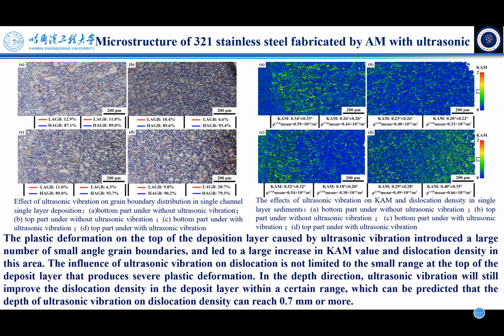The plastic deformation on the top of the deposition layer caused by ultrasonic vibration introduces a large number of small angle grain boundaries and leads to a large increase in KAM value and dislocation density in this area. The influence of ultrasonic vibration on dislocation is not limited to the small ridge at the top of the deposit layer that produces severe plastic deformation.